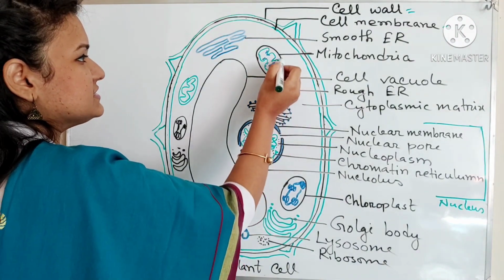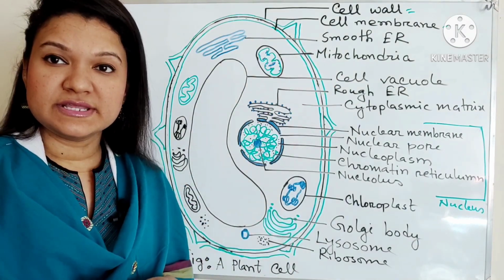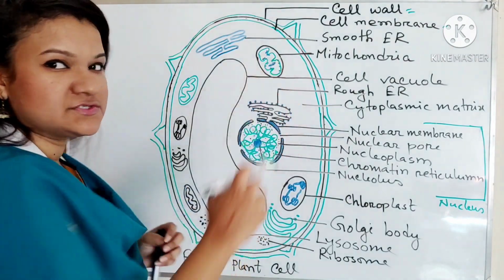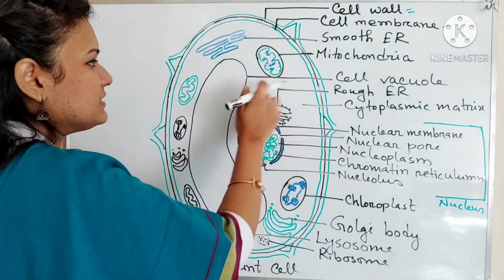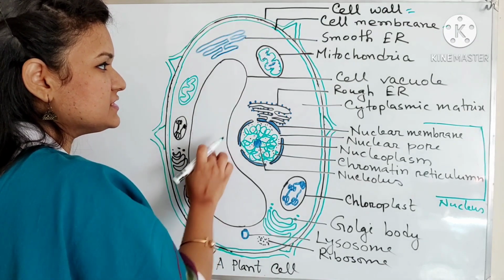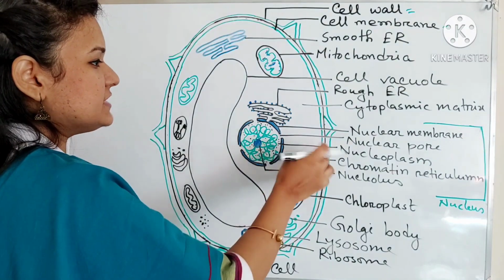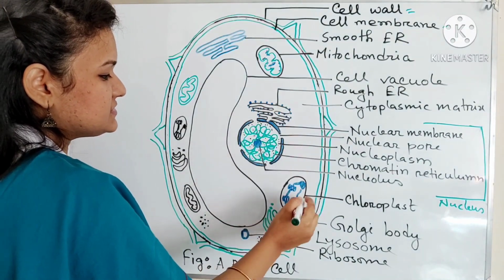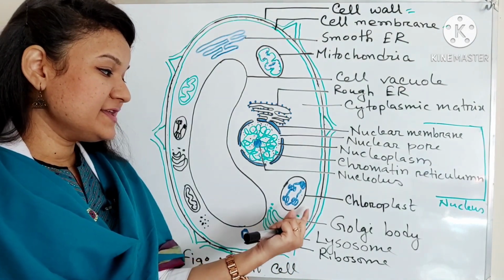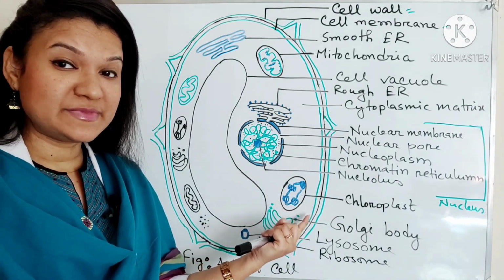And then we can say that this is the mitochondria, a very important organelle in both animal cell and plant cell, and mitochondria is called the powerhouse of the cell. And then this large vacuole is called the cell vacuole. And then we can see this is the chloroplast, a very important organelle in the plant cell. This chloroplast is not present in animal cells.